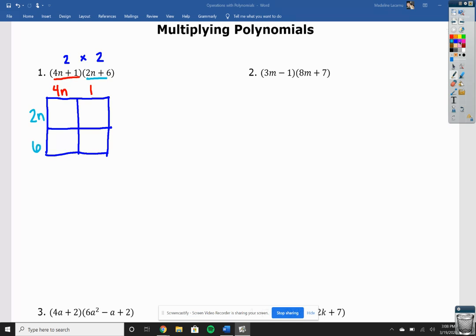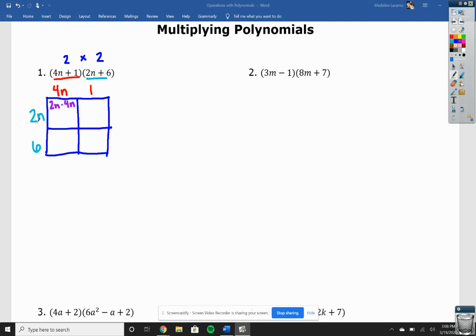Now what we're going to have to do is just multiply. So I have 2n times 4n. So actually I'm going to write this inside the box. So here it's going to be 2n times 4n. So you just take the two things that lead to that box, and that's what we're multiplying. With the numbers, you multiply them like normal.